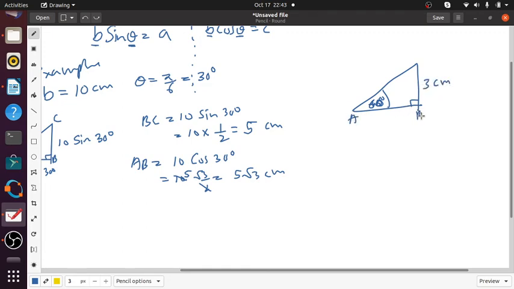A, B, C. So what is given now? We are given that BC, the opposite side, is 3 centimeters, and the angle is given as 60 degrees. So we are supposed to find AC and AB.